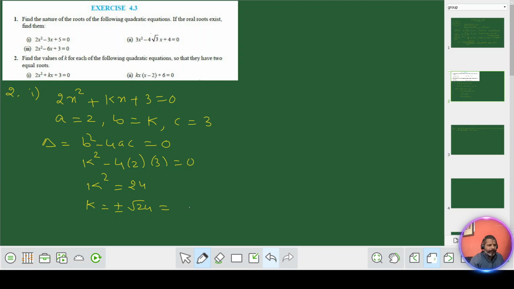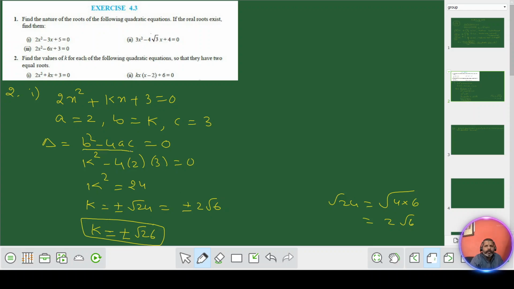You can split it again: 24 is 4 times 6, so 2√6 will come. So k is ± 2√6. Understood, right? When they say the roots are equal, don't just find b² − 4ac, or you will end up with an expression, not an equation. So you have to equate it to 0 so that you find the unknown in it.